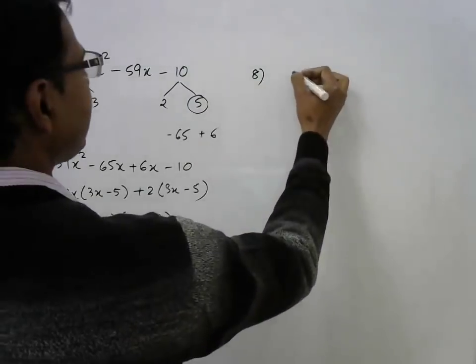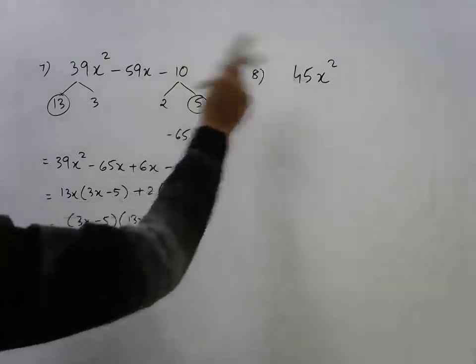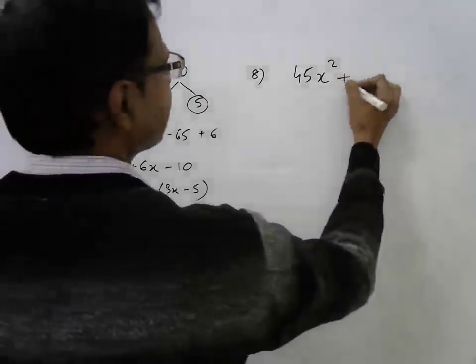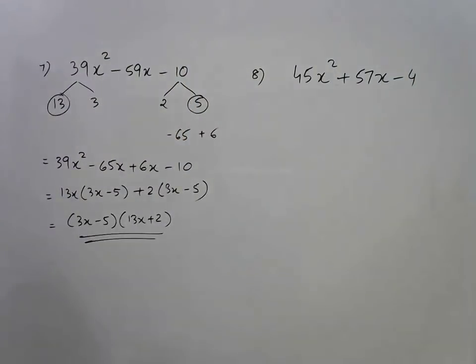So this is 45x squared. So I'm complicating things now. Plus 57x minus 4. Friends, get on with this one. 45x squared plus 57x minus 4.